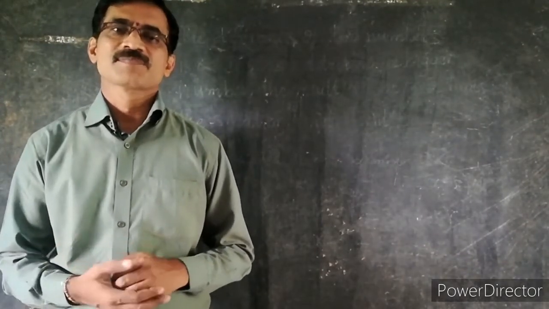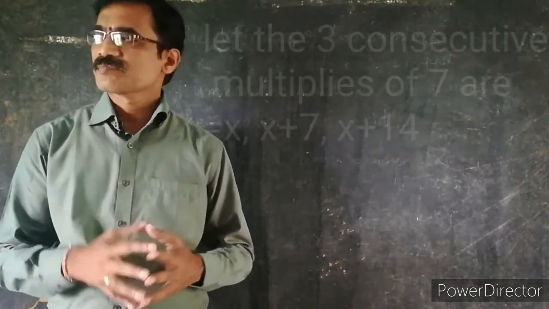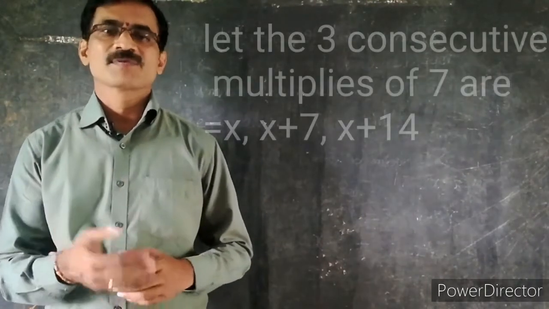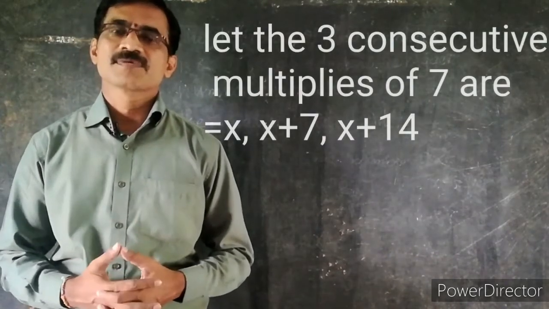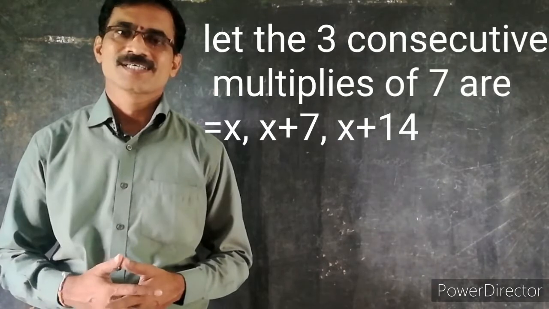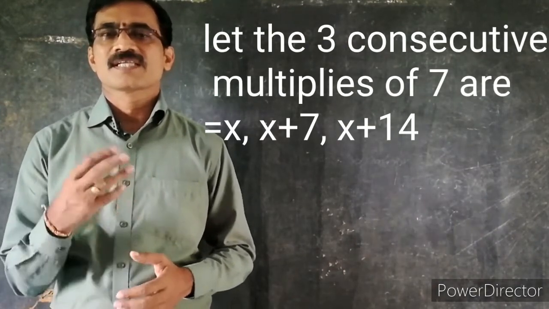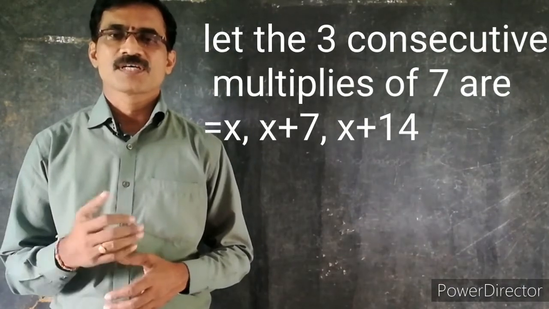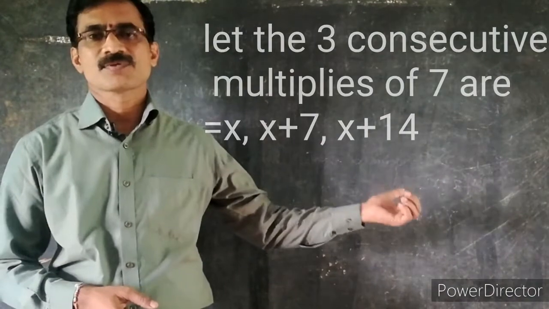It is a multiple of 7, so 7 is the excess. Very good. So if the first multiple is x, the second multiple becomes x plus 7, and the third multiple becomes x plus 14. So these are the 3 consecutive multiples of 7: x, x plus 7 and x plus 14.